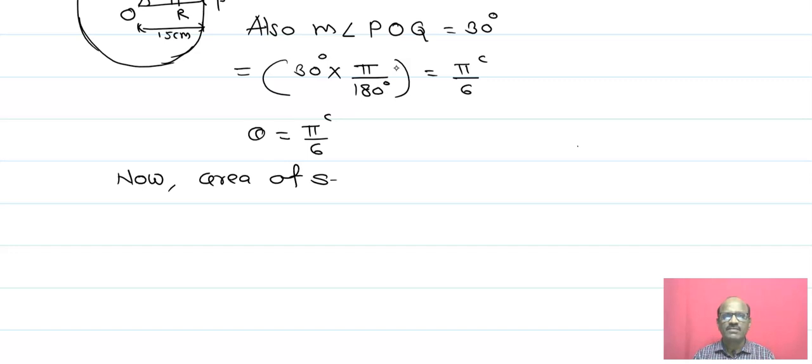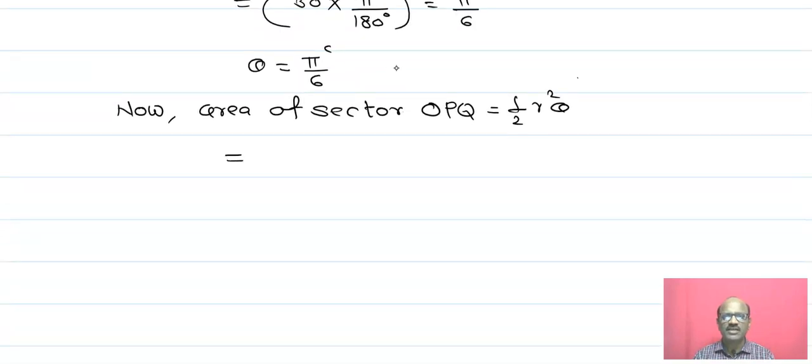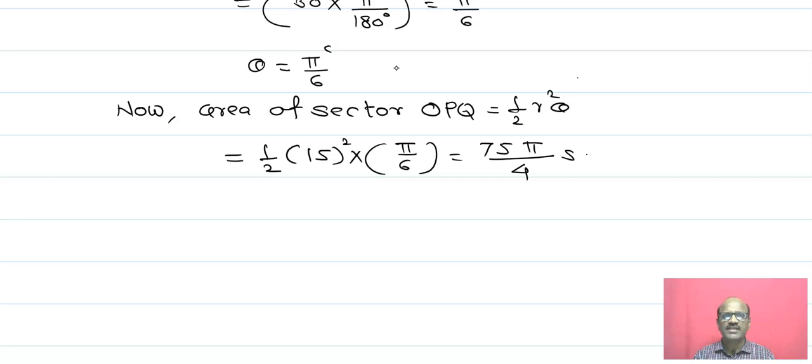Area of sector OPQ is equal to 1 upon 2 r square into theta, that is 1 upon 2 into 15 square into theta, which means pi by 6, that is 75 pi by 4 square centimeter.